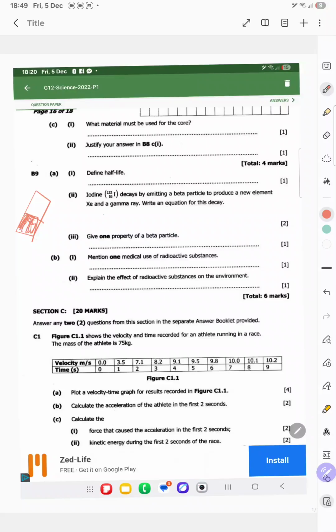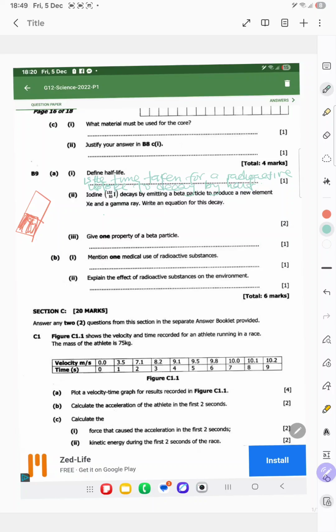So let's make that in writing. Half-life is the time taken for a radioactive isotope to decay by half. So that's how you can define half-life.